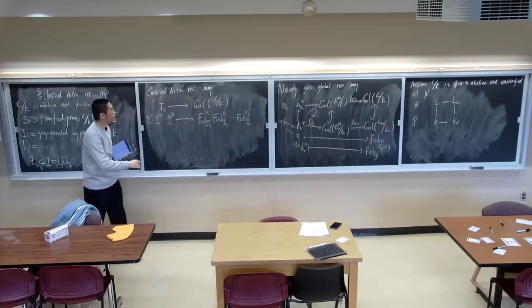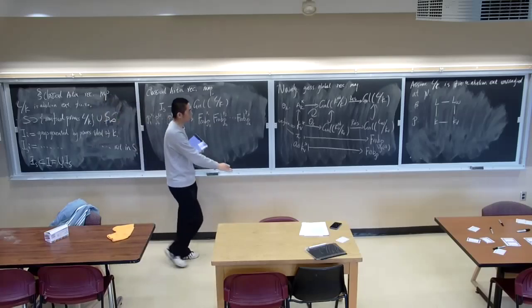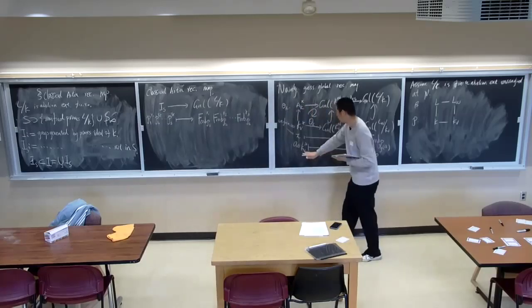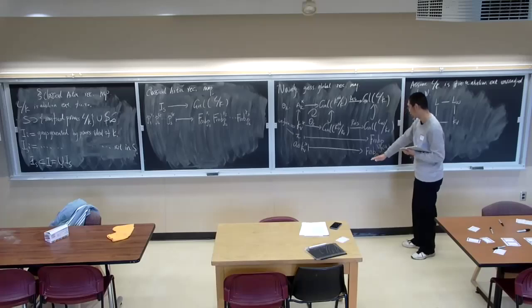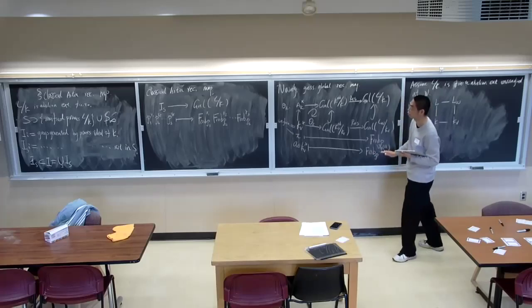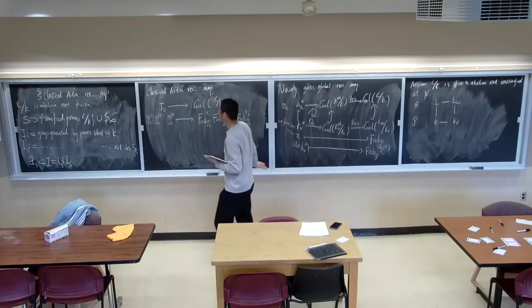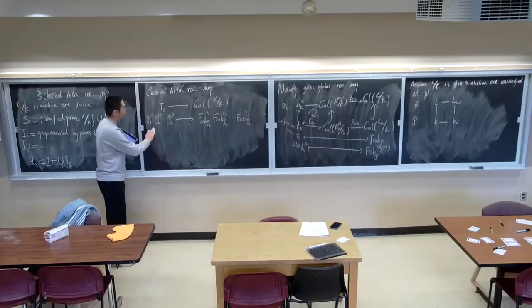So this map is just the same script like this, because here we only can take one prime, and you can map it to the corresponding Frobenius ideal raised to some power. So in the same script, we can define the classical Artin reciprocity map by this. Let's say this is theta.